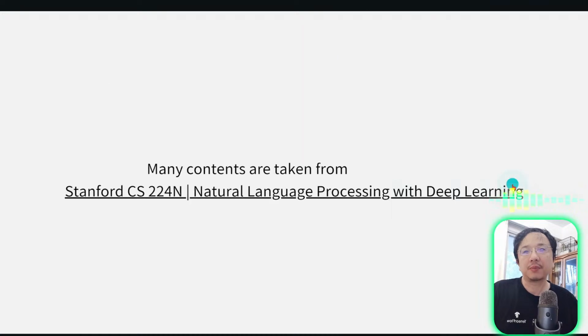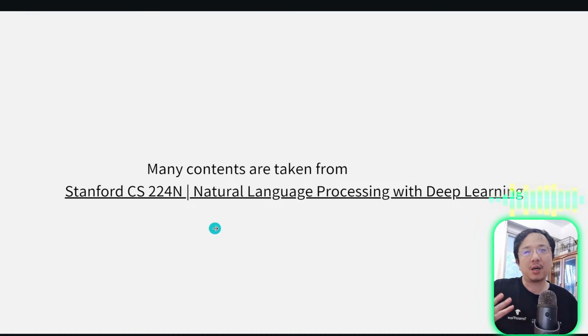So let's begin. A lot of content and materials are taken from the Stanford's Computer Science 224N, which is natural language processing with deep learning. And some of the contents are taken from a lot of tutorials and blogs from Hugging Face.